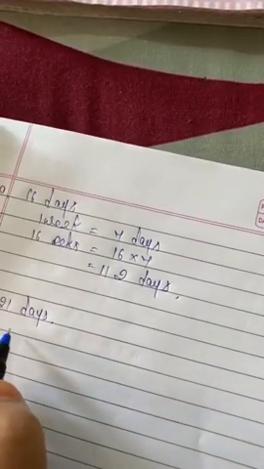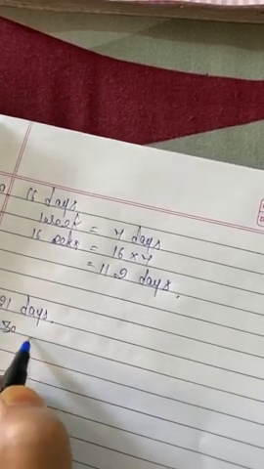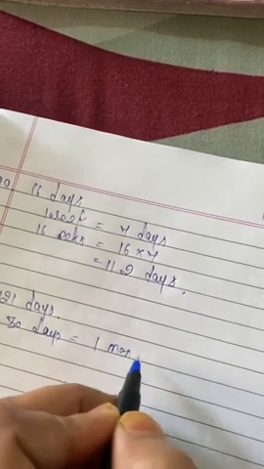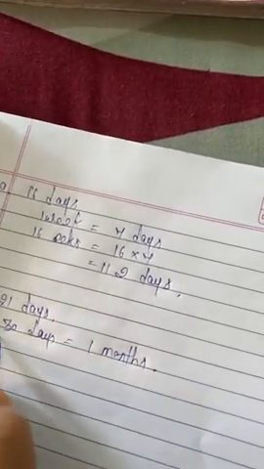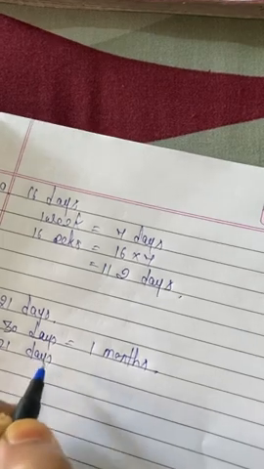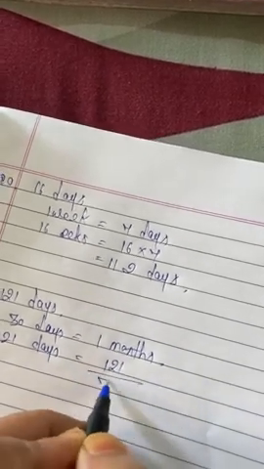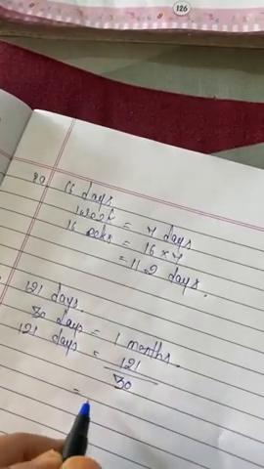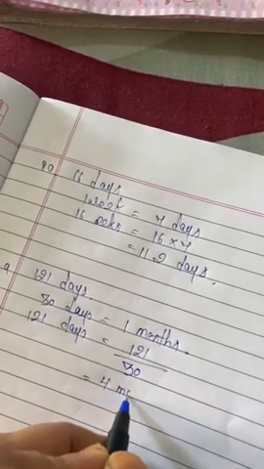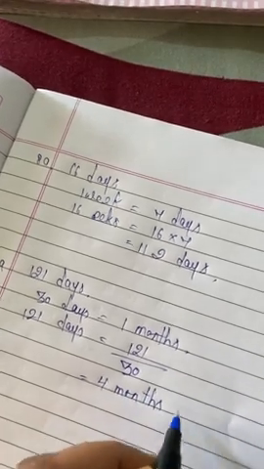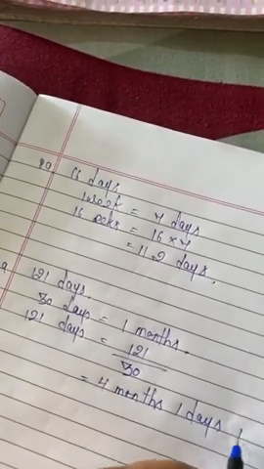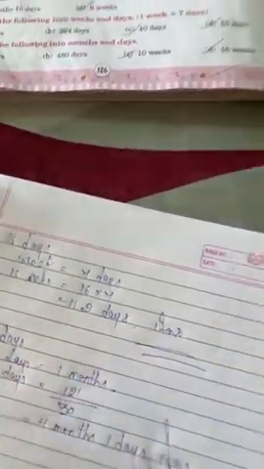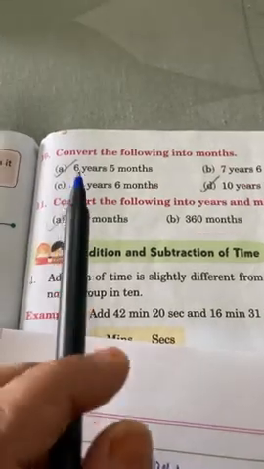As we know, 30 days is equal to 1 month. 121 days is equal to 121 divided by 30. So what is our answer? 3 4s are 120. That means 4 months, 1 day is our answer. Understood, students? In this way, you come to the next question.